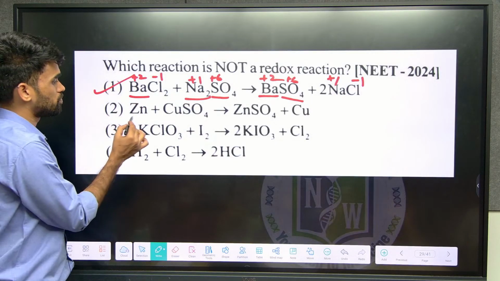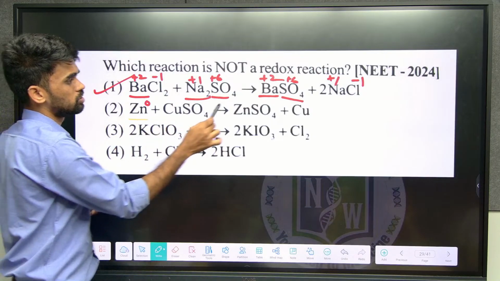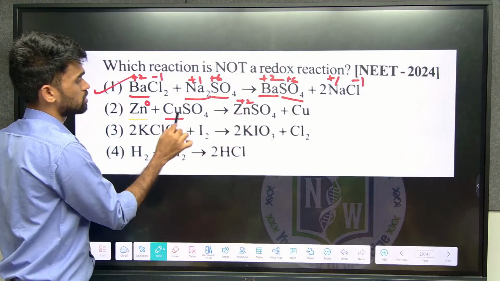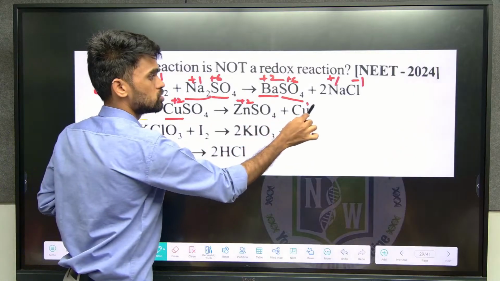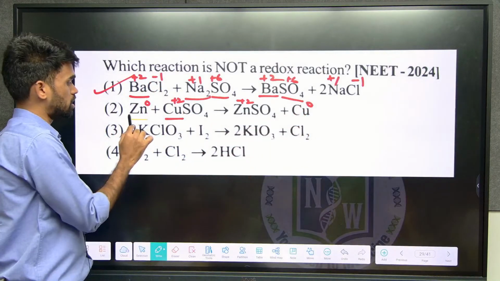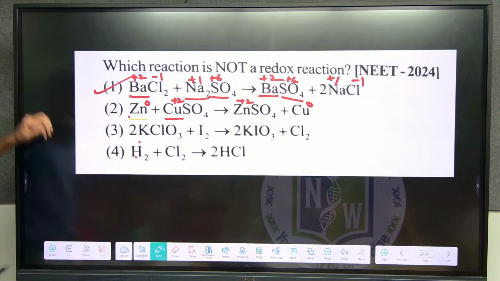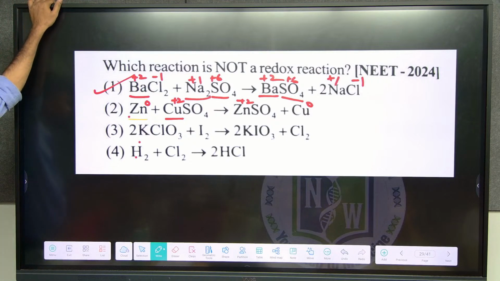What about this one? 0. This one plus 2. Redox. This one you tell me. This 2. So you are not giving work to your pen now.